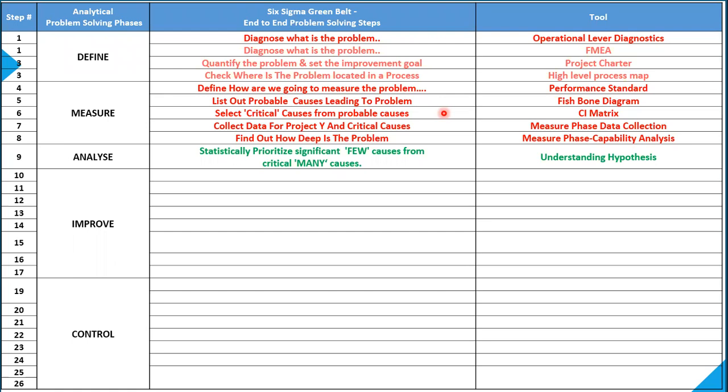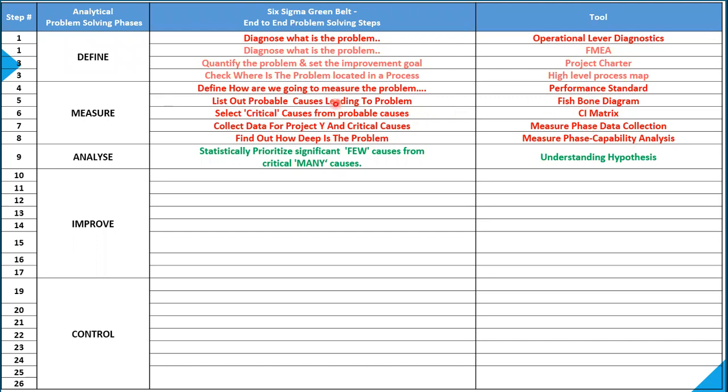Then, based on the opinions of the people who are part of the discussions and brainstorming sessions, try to find out critical causes through the CI matrix. That is the second step. Once we found critical causes from the CI matrix, we went ahead and collected the data.